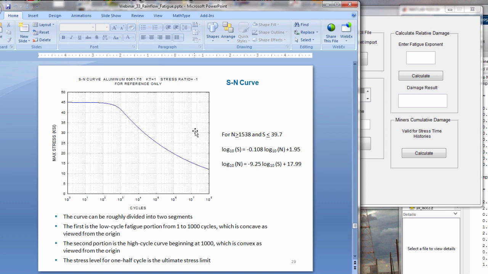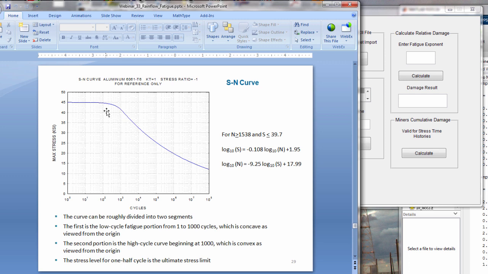Another concern with these curves is that a lot of them are defined in maybe a dozen or so points, and so we kind of have to make our own continuous curves to connect up those points. It's very common that these curves actually stop somewhere above 1,000 cycles, and so low cycle S-N curve data is very hard to come by.